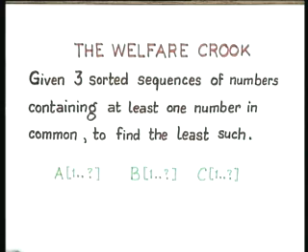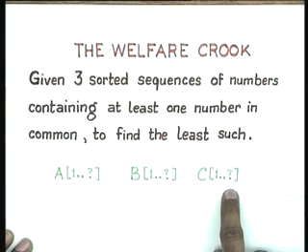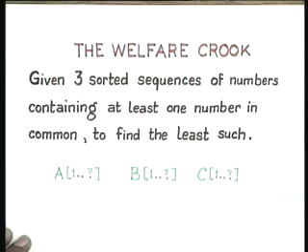So, bringing the problem down to earth, all we are saying is that there are 3 sorted sequences of numbers with at least one number in common in all the 3 sequences, and what you want to do is to find the least number that is common to all the 3 sequences. I am not particularly bothered about the bounds on the sequences, so I have put a question mark here, but let us assume for simplicity that we have got some large arrays.